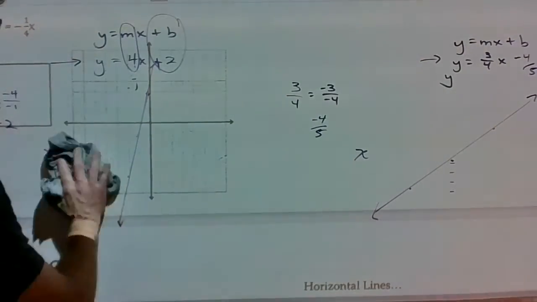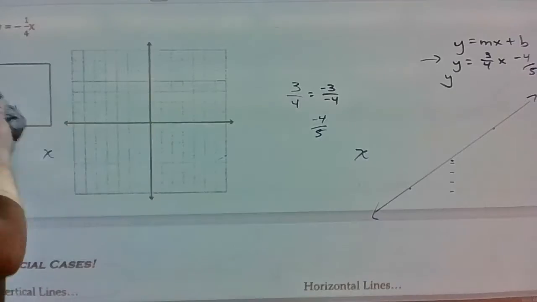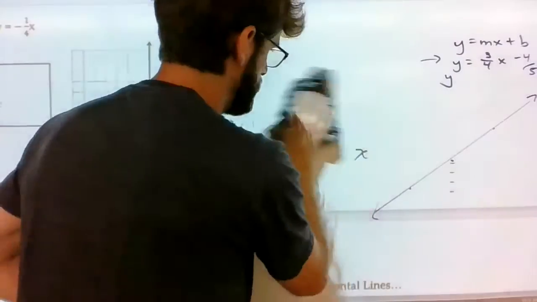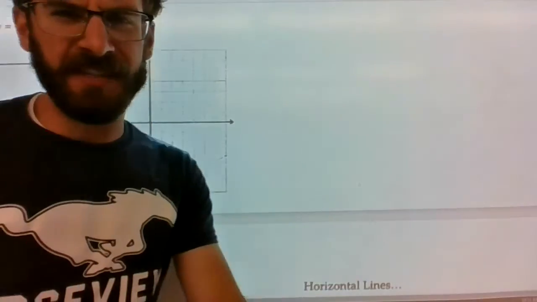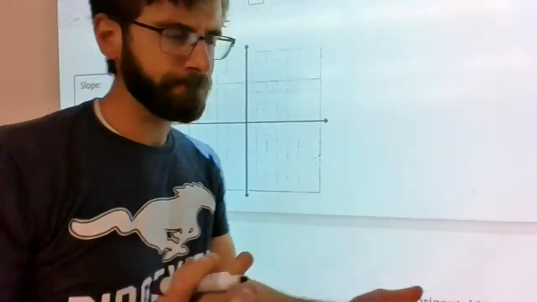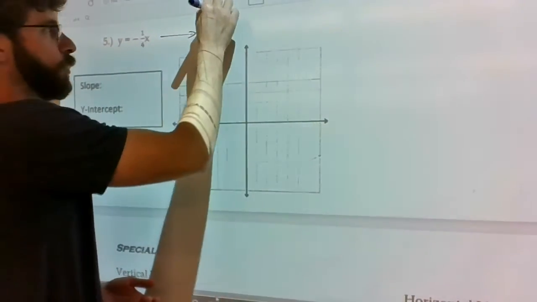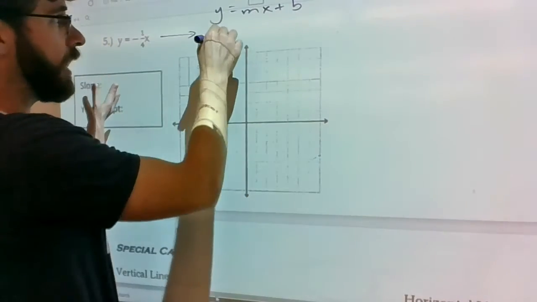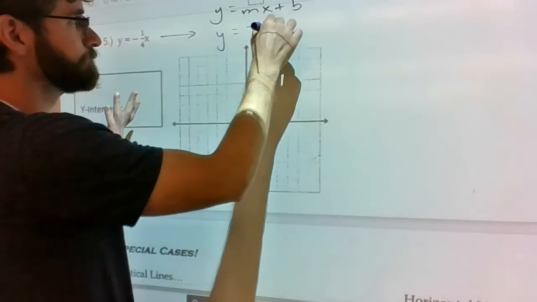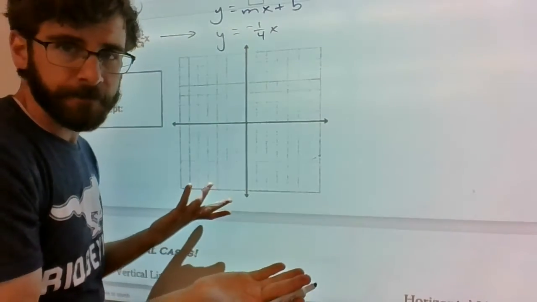So what are we supposed to do if it seems like it's incomplete? We need y equals mx plus b, but I see y equals mx. Where's the plus b?